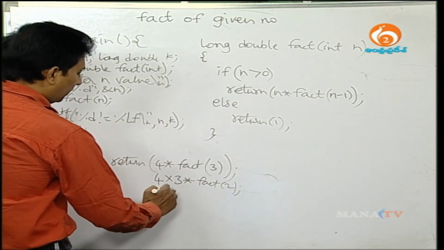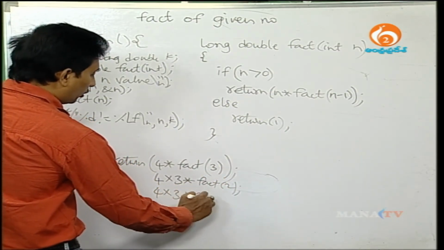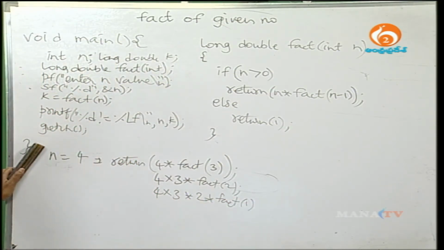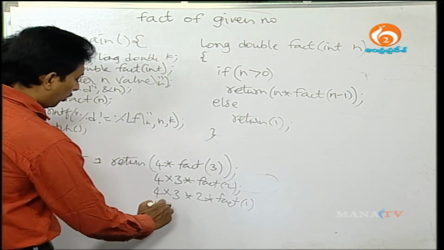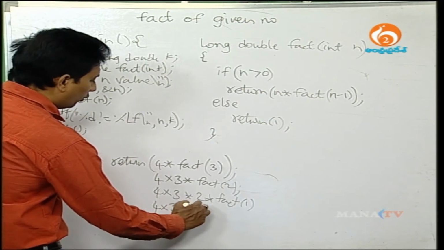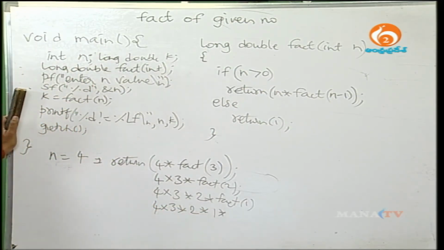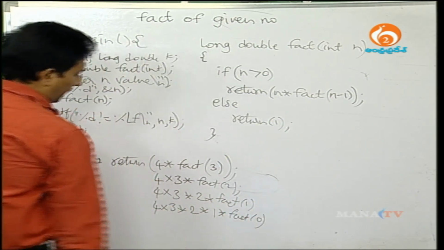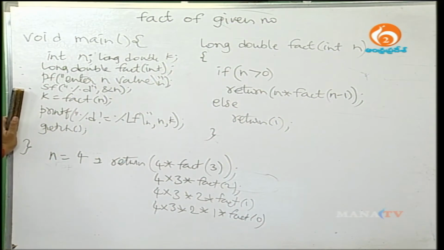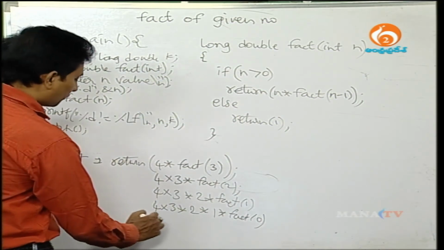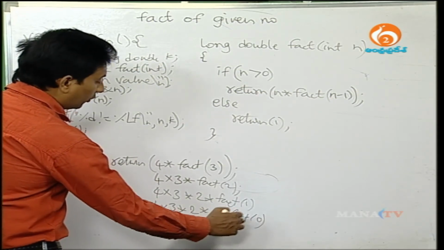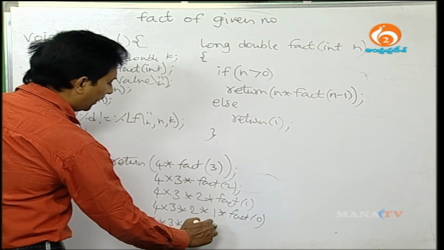Next function call, 4 into 3 into 2 into fact of 1. Next function call, 4 into 3 into 2 into 1 into fact of 0. Fact of 0 means 1, so 4 into 3 into 2 into 1 into 1.